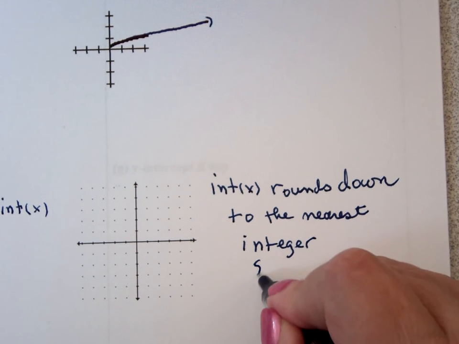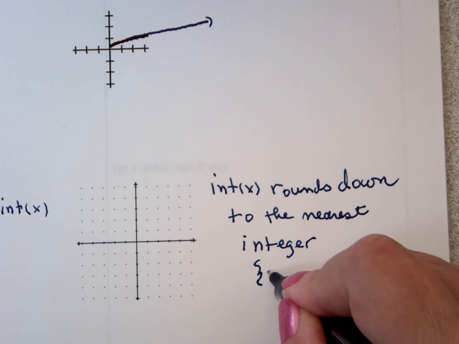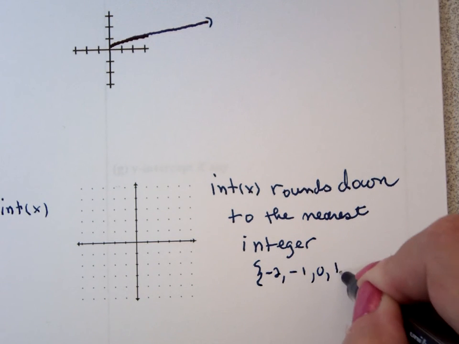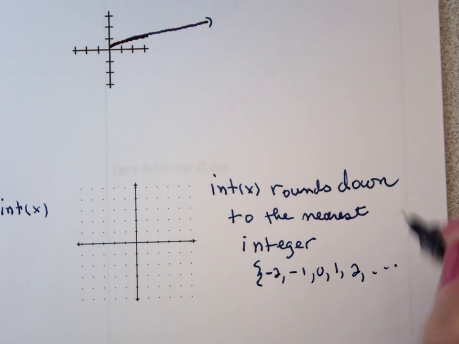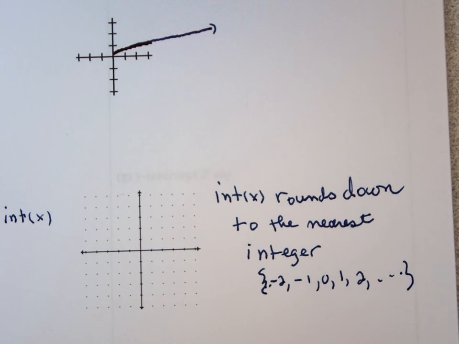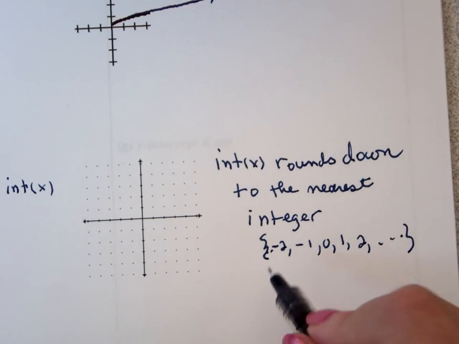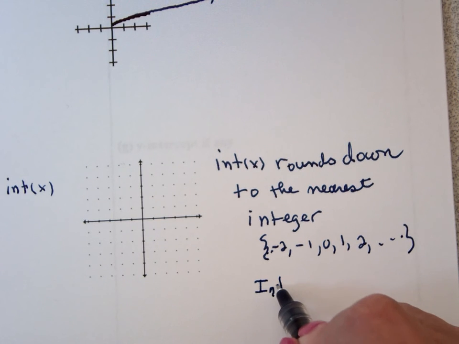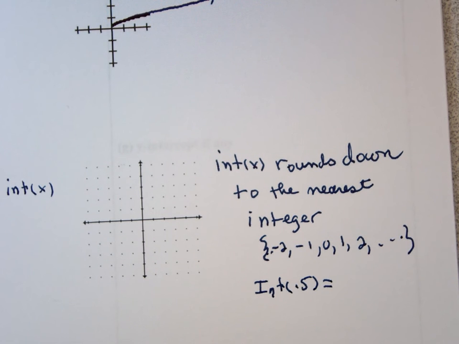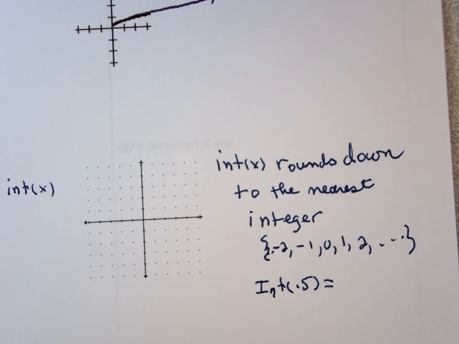Now the integers being -2, -1, 0, 1, 2, and so on. So that's dots in both directions. Rounds down to the nearest integer. So int of 0.5 is the same as what? 0. Rounds down.